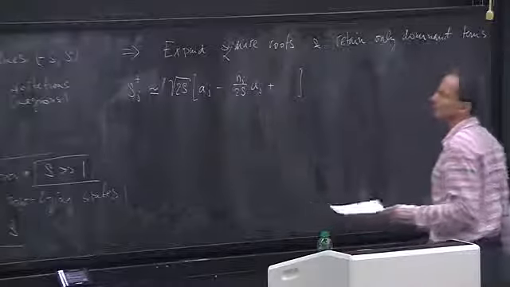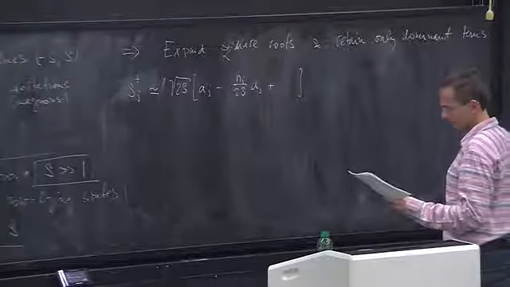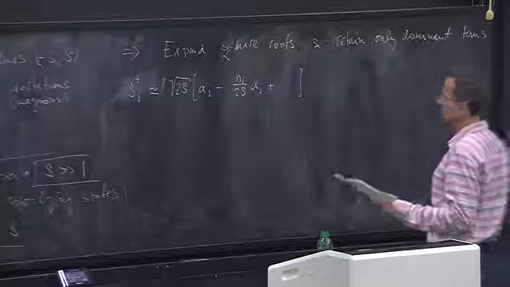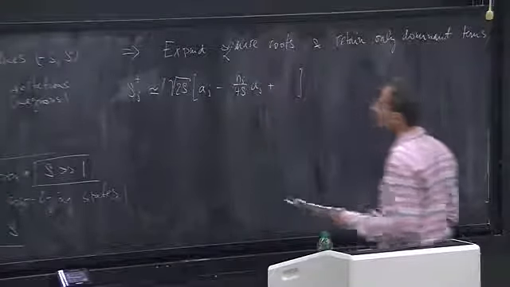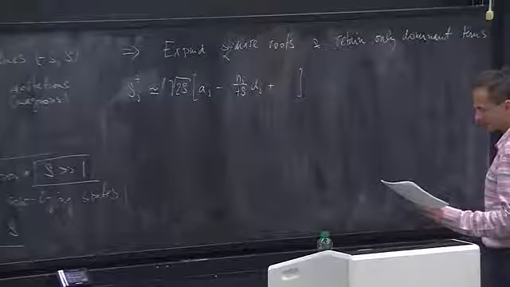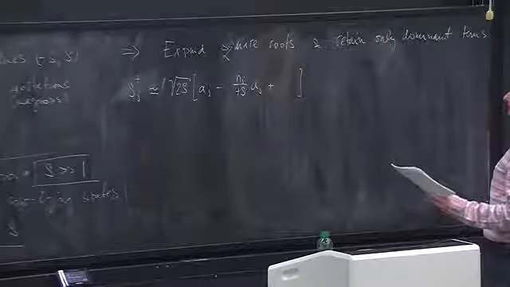So this is the expansion, and this should be 4 here, because when I take a derivative of a square root, I get another factor of 1/2. And similarly for S minus.